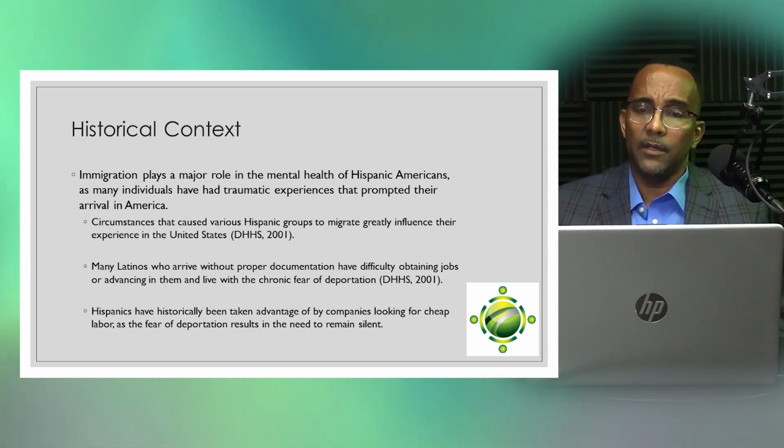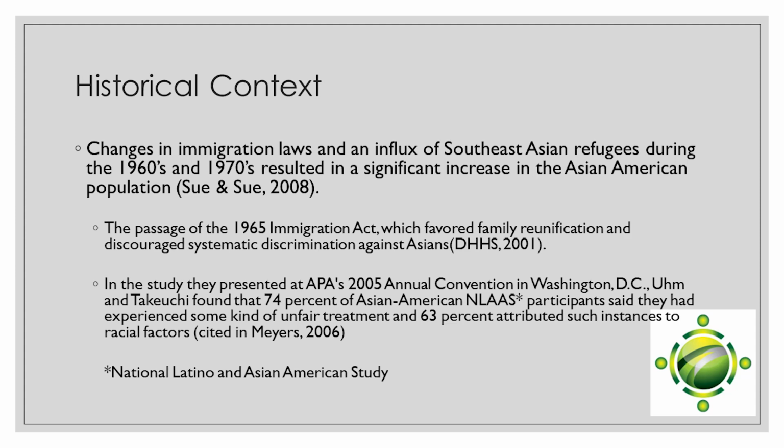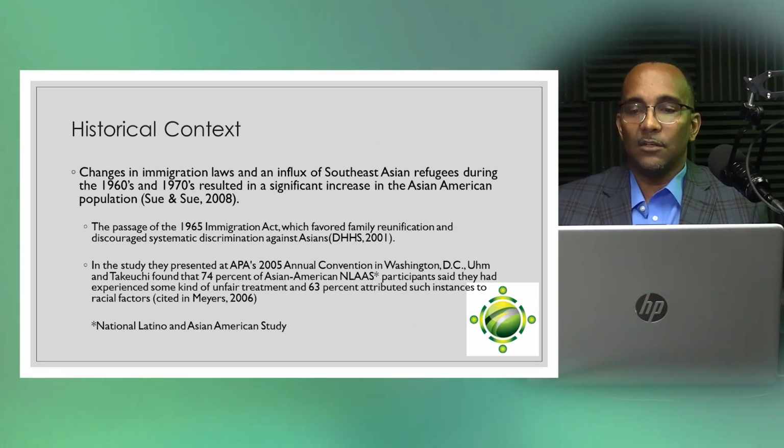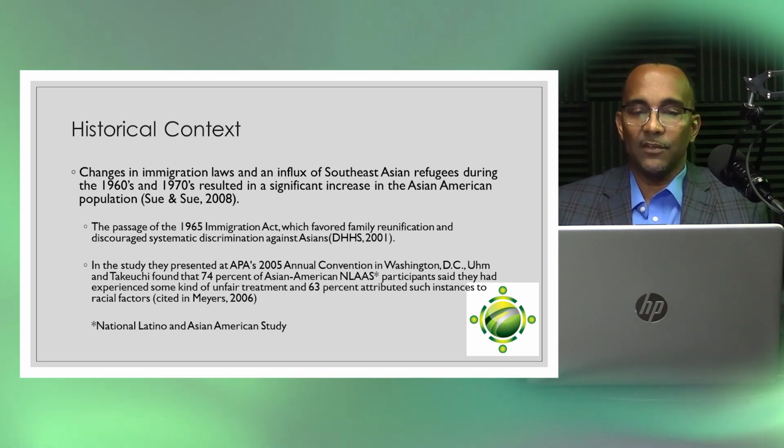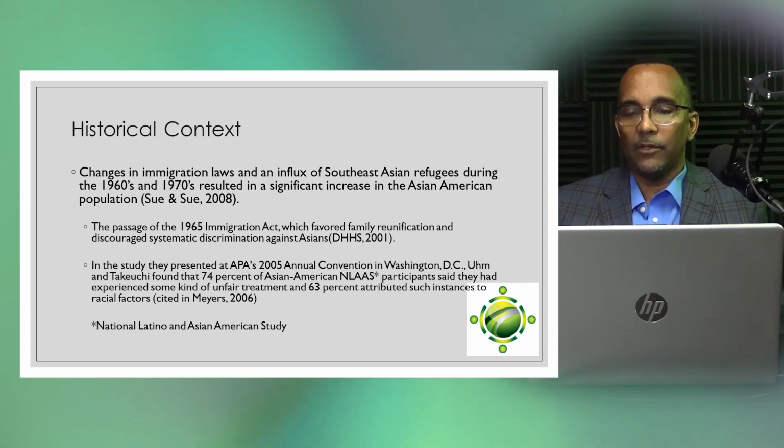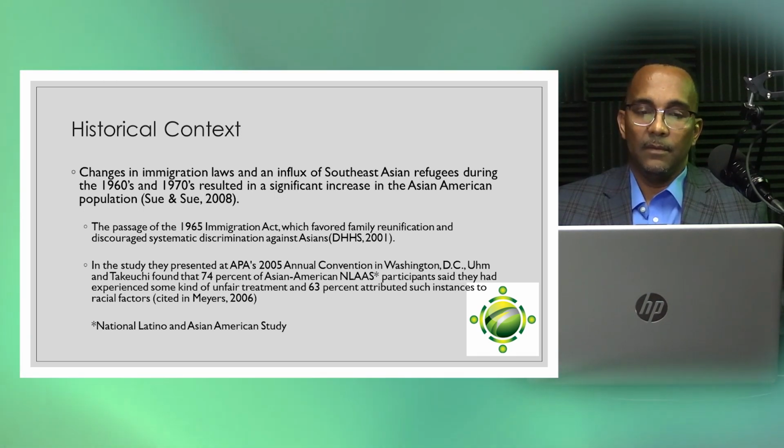And let's continue on. Changes in immigration laws and an influx of Southeast Asian refugees during the 1960s and 70s resulted in a significant increase in the Asian American population. There was the passage of the 1965 Immigration Act, which favored family reunification and discouraged systematic discrimination against Asians.